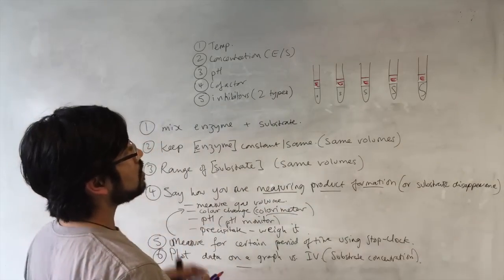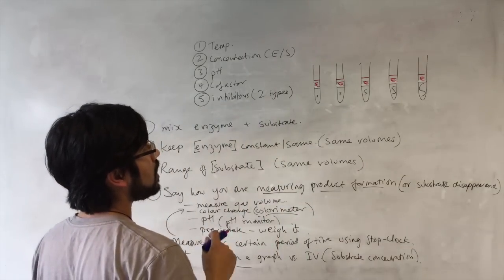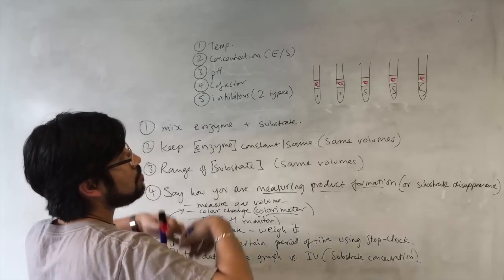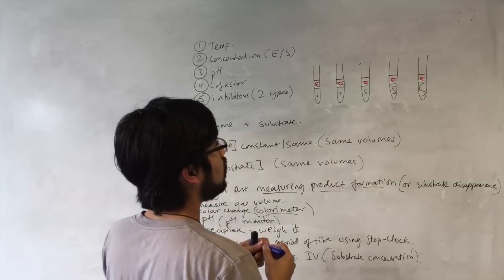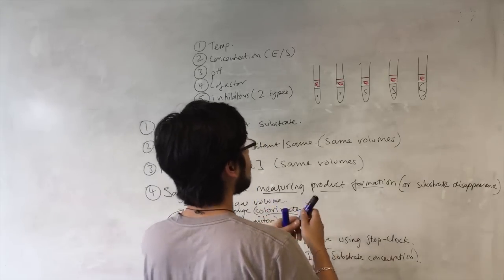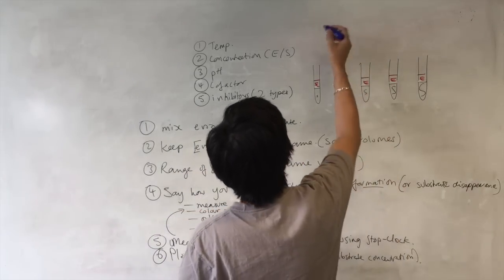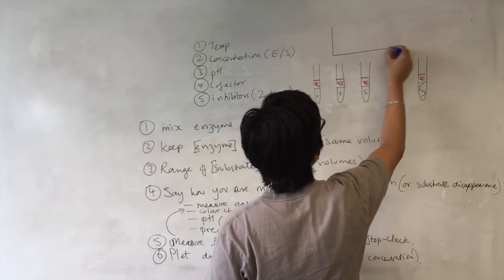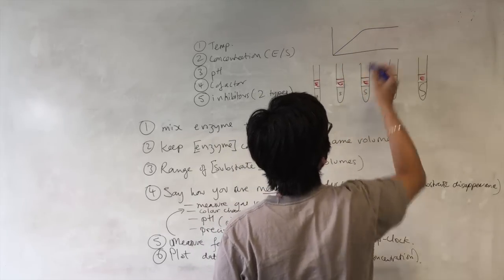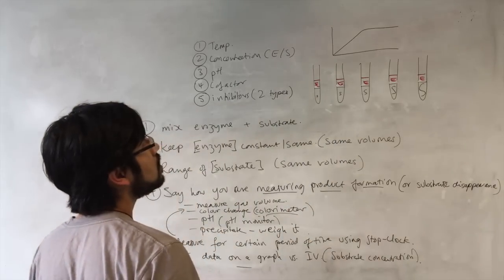Okay? So I mix my enzyme and different concentrations of substrate together, and I measure the amount of oxygen produced in a minute, and if I collect that data, I will have a nice graph that will look something like this if I've got the right concentrations.